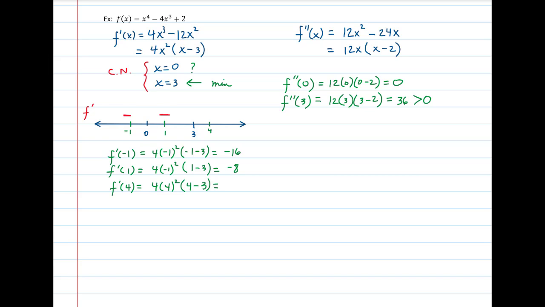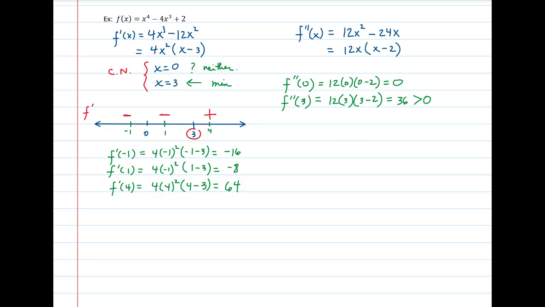Just to double check, we already determined using the second derivative test that at x equal to 3 there's a min. But I'm just testing with the first derivative test, something before and after 3. We already checked 1 before 3. Now we check 4. That's 64, which is positive. There is a change in sign on the first derivative. It goes from negative to positive.